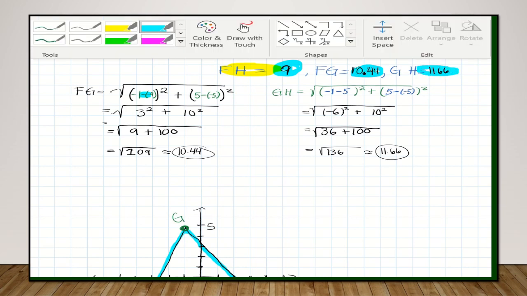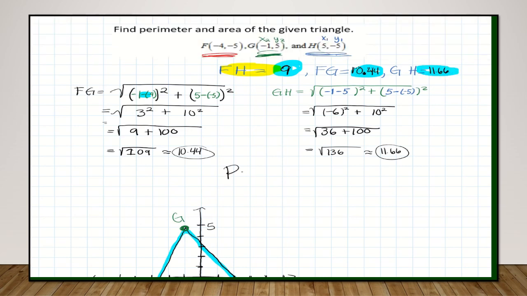So to find the perimeter, which is around the triangle, we just add the three sides that we have. So I'm going to add all those lengths. So that gives me a grand total of 31 point something.